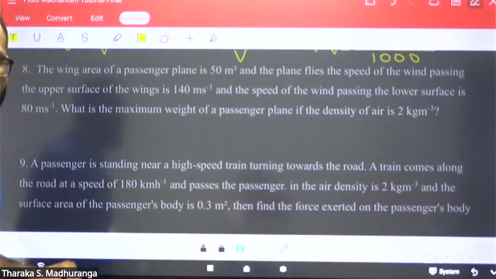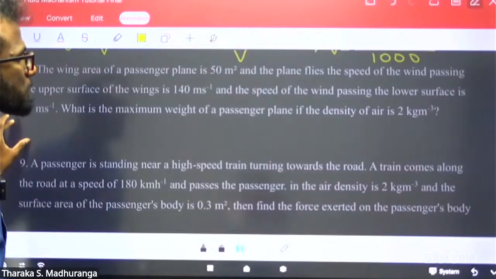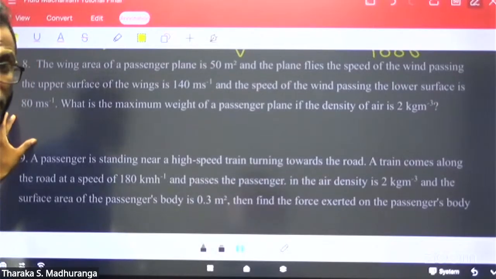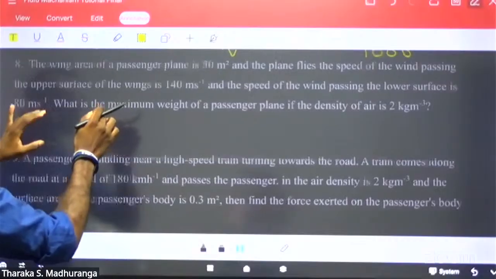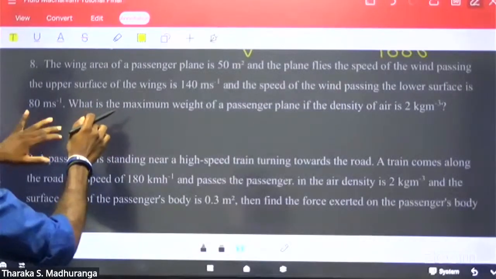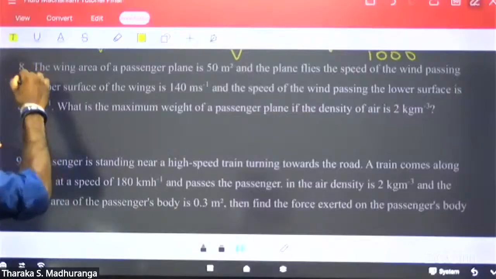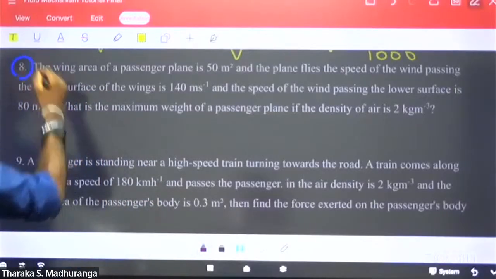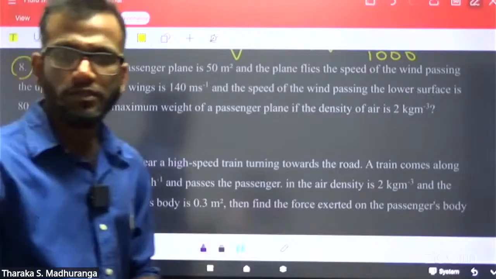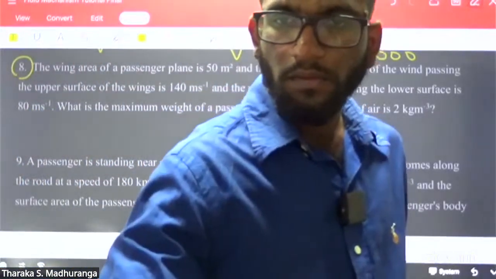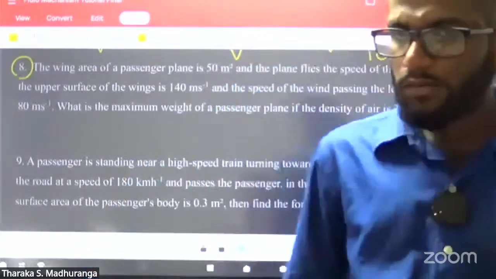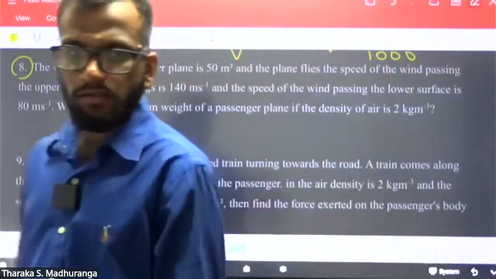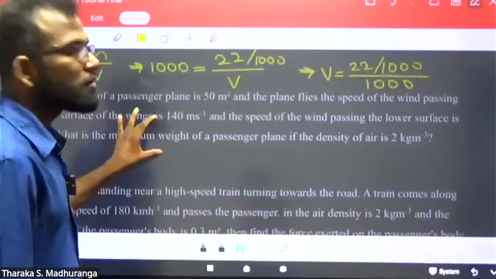Okay, this one. If I give 2 minutes, can you do this question? Okay, question number 8, very important questions. 3636, yes, correct.